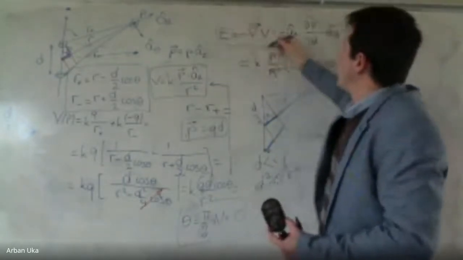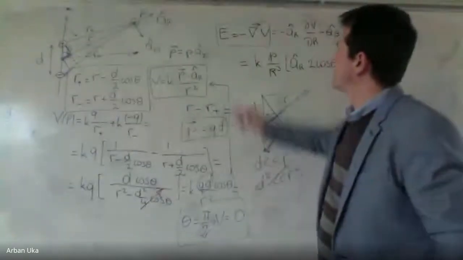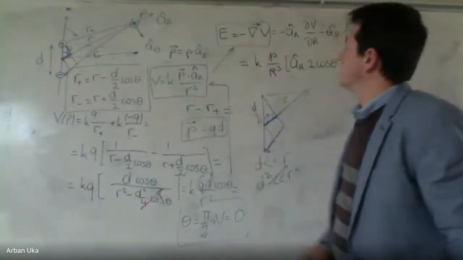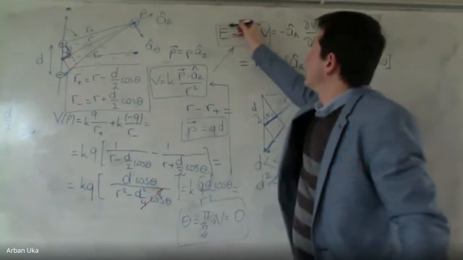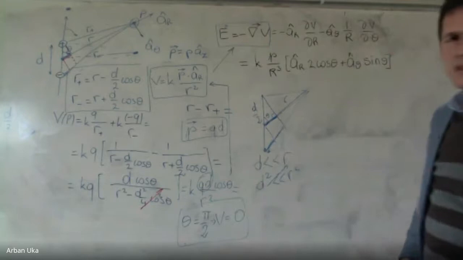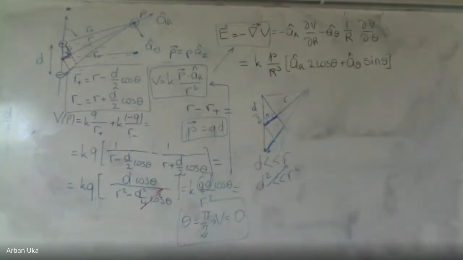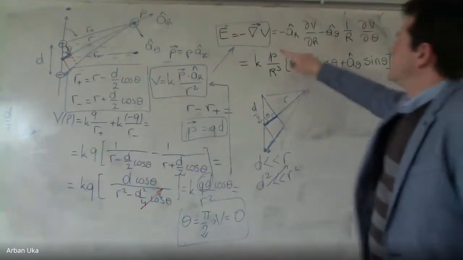Then, in order to find the electric field created because of this dipole moment everywhere, we can use the relationship which states that the electric field is the negative gradient of the potential field. All we need to do is apply the del operator in the spherical coordinate system.